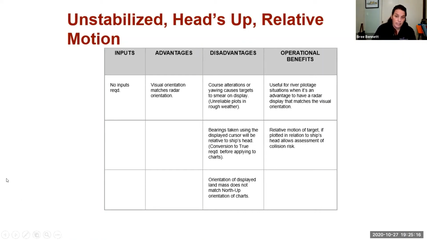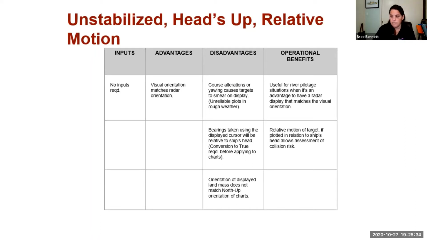The other disadvantage is that it doesn't match up with your charts. Your charts are always north up, right? Any chart that you work with, north is always pointed up, east is always to the right, south is always at the bottom, west is always to the left.